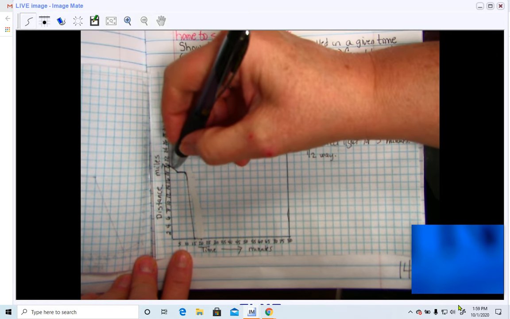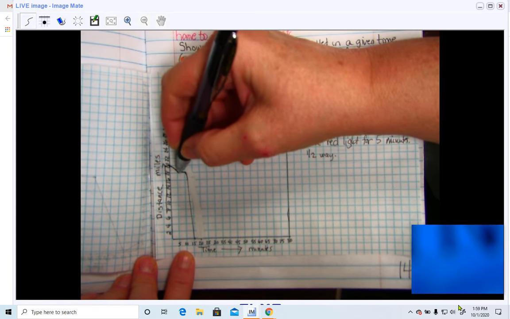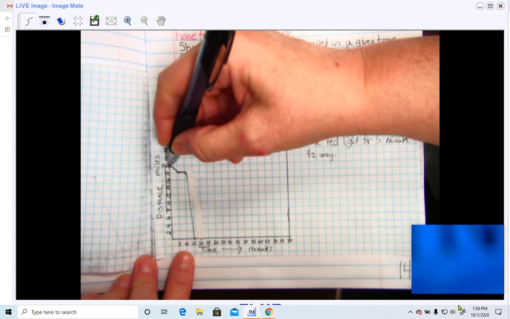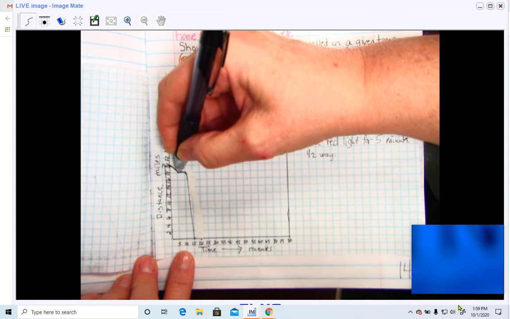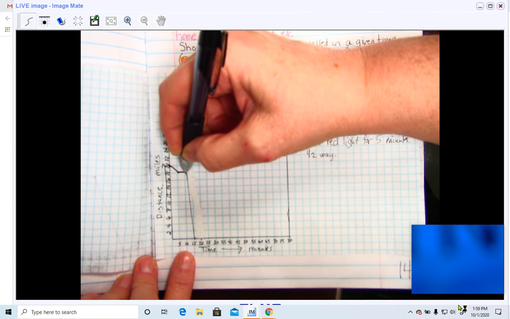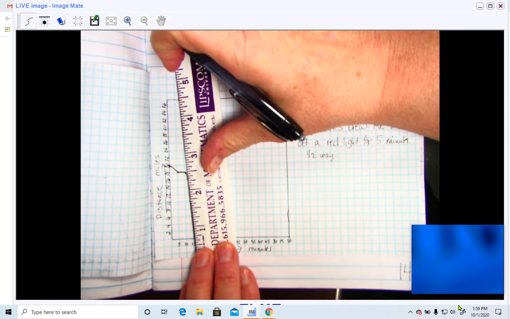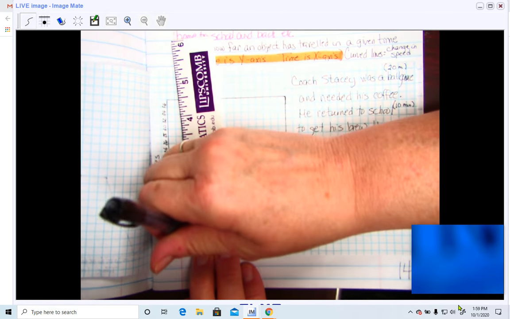So he went down for 5 minutes first before he had to sit at a red light. Halfway, it said he had to sit at a red light. So he went 5 minutes, sat at a red light for 5 minutes. Then he went from here back to school for a total of 15 minutes later. So that's how we got our lines on this one.